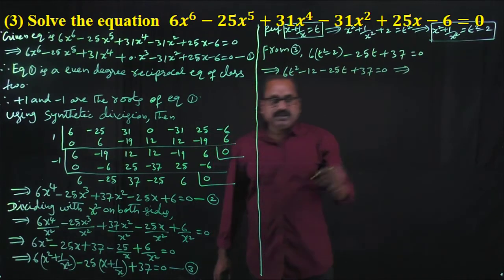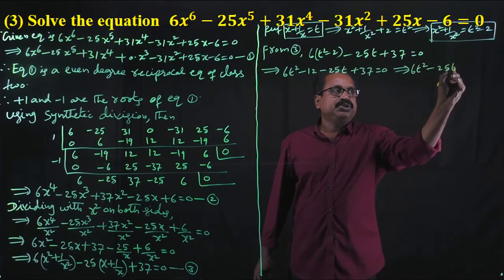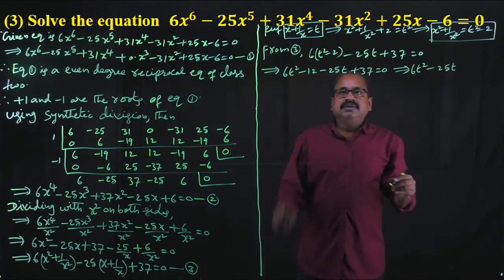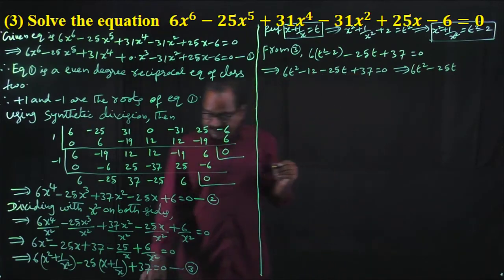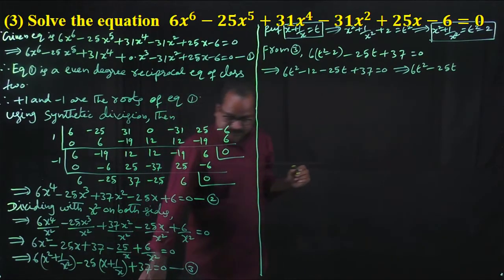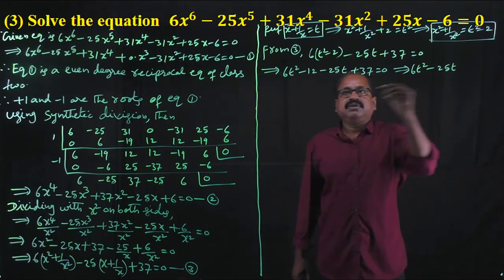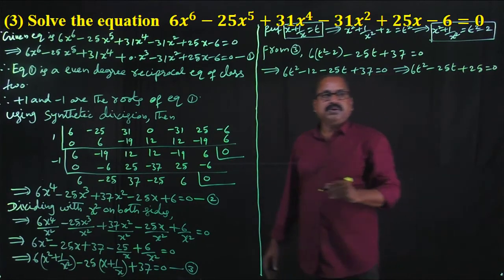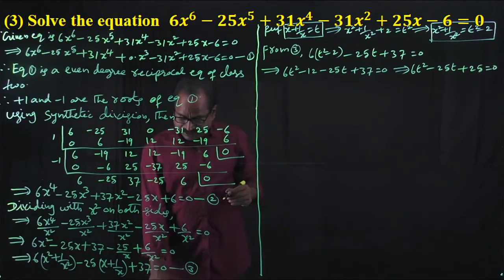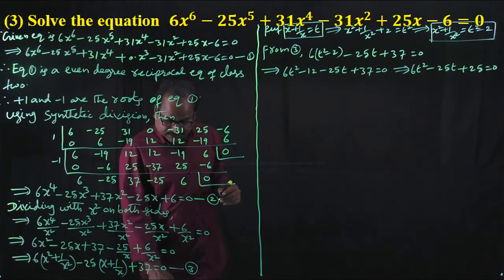This implies 6t square minus 25t plus 37 minus 12, that is 25, is equal to 0. So 6t square minus 25t plus 25 is equal to 0.